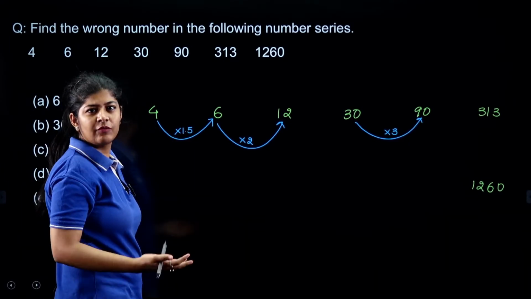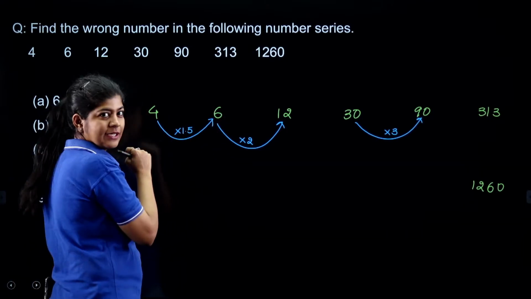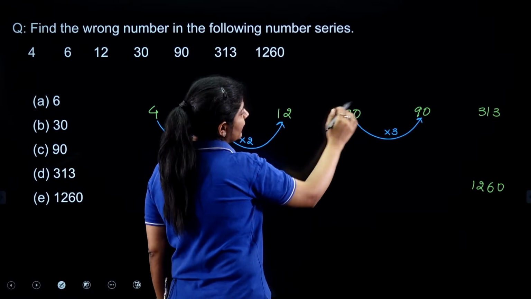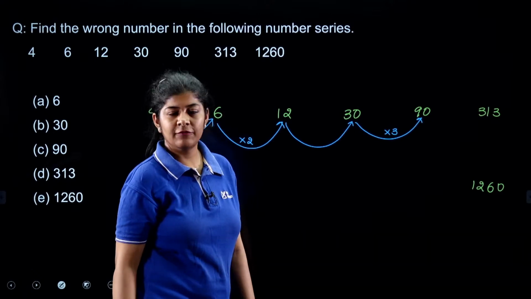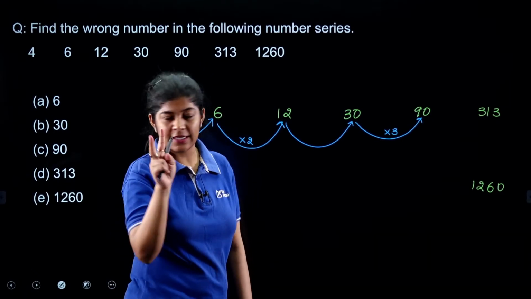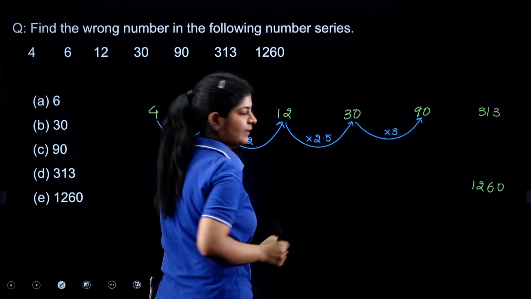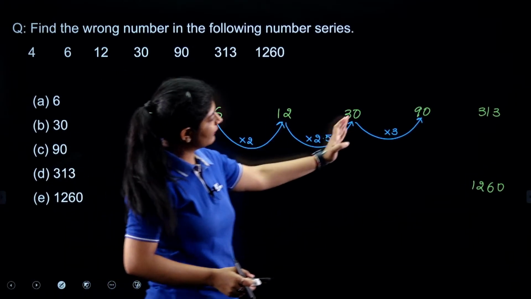If you want to convert 12 into 30, 12 into 2 is 24, plus 6, which is half of 12, so 2.5 gives 30. So you got the pattern: 1.5, 2, 2.5, 3.